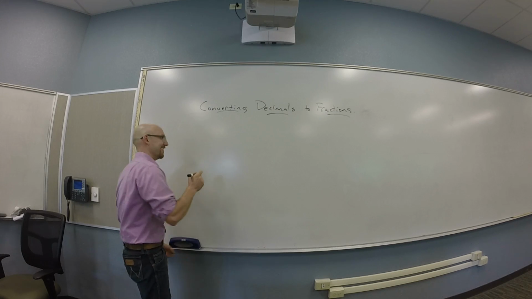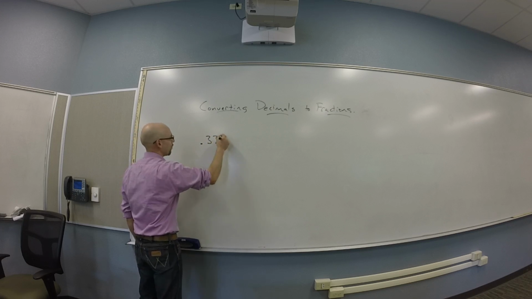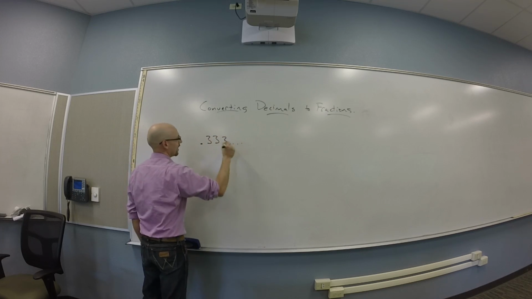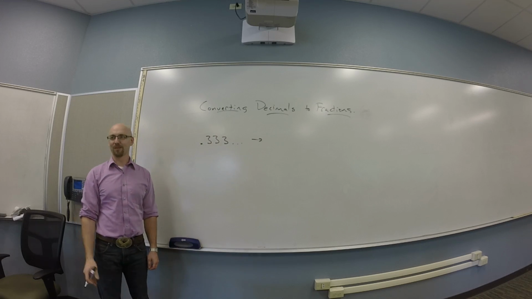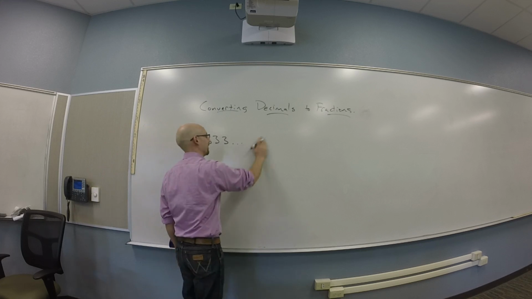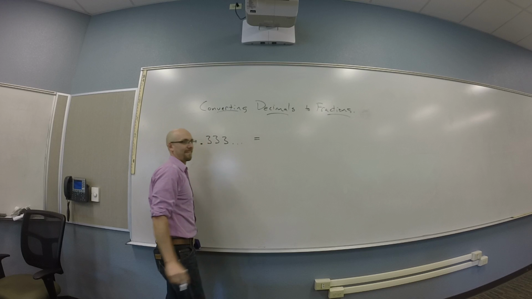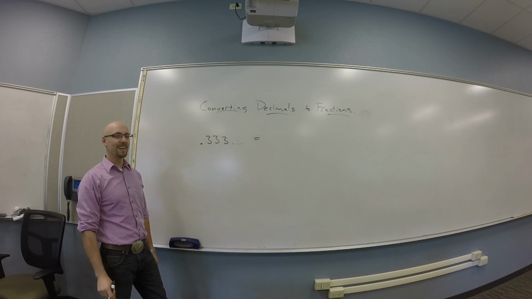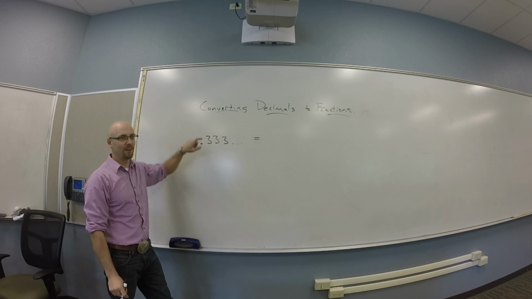So, suppose I wanted to convert 0.33 repeating to a fraction. You guys know this is a third, right? Let me show you why this is a third. I think we could look at this as a geometric series.